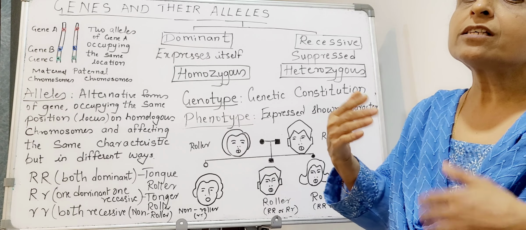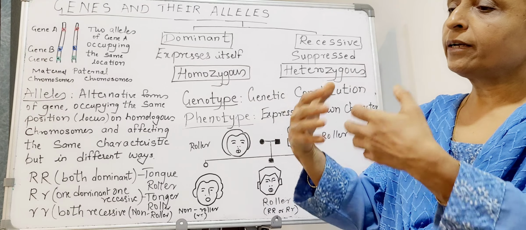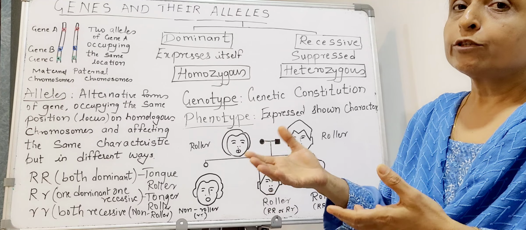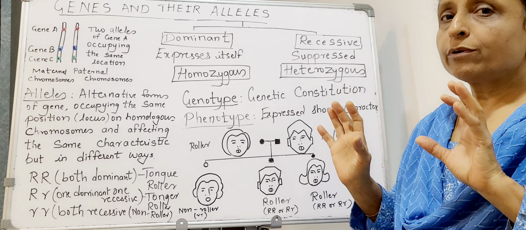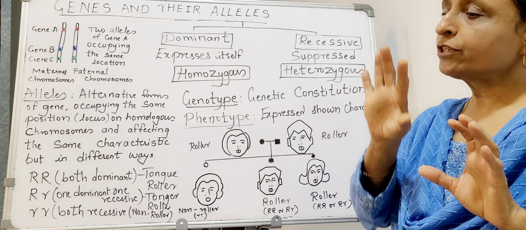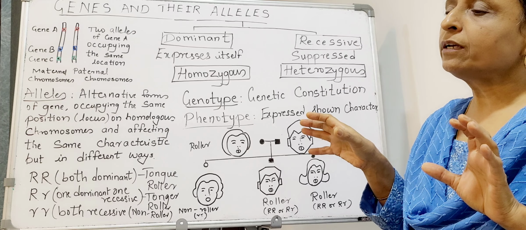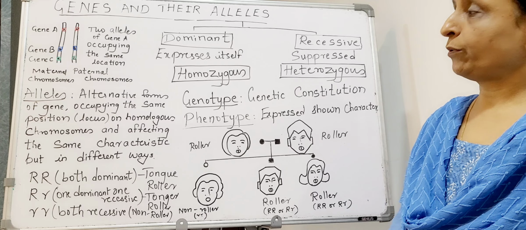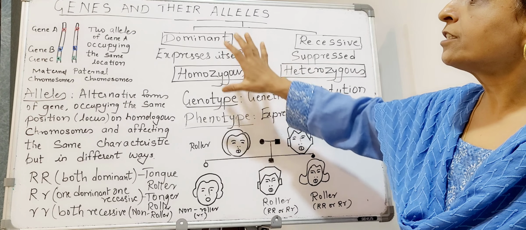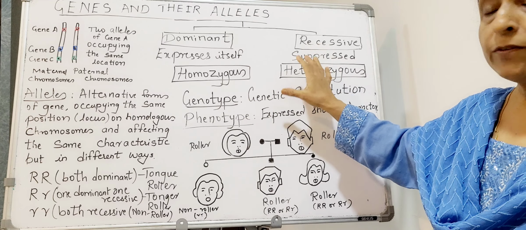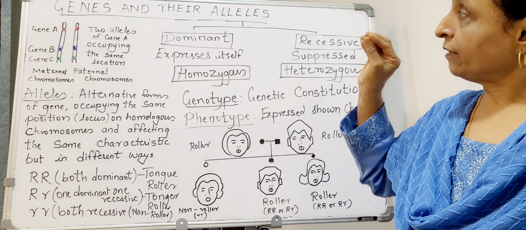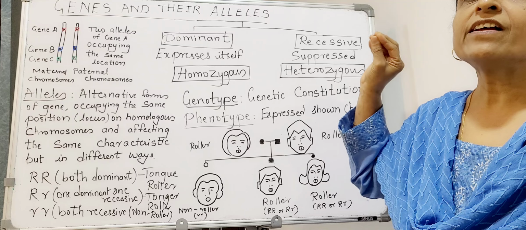So this is how the genetic makeup comes into the child. Genotype is your constitution, and what comes into the representation of the offspring is phenotype. So you have to be clear about all these names to understand genes and alleles.